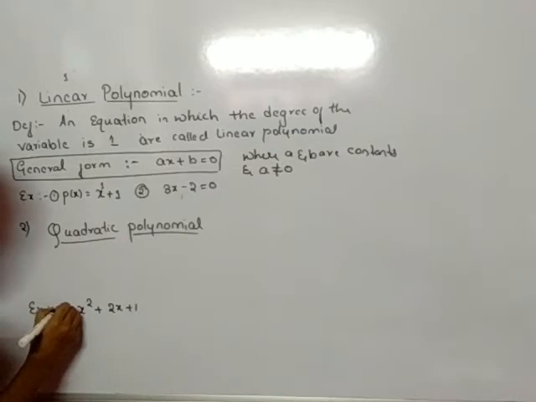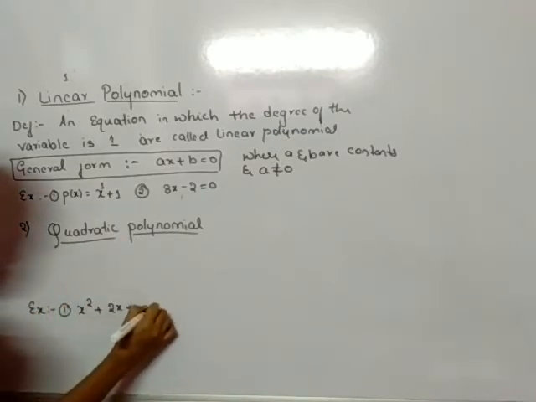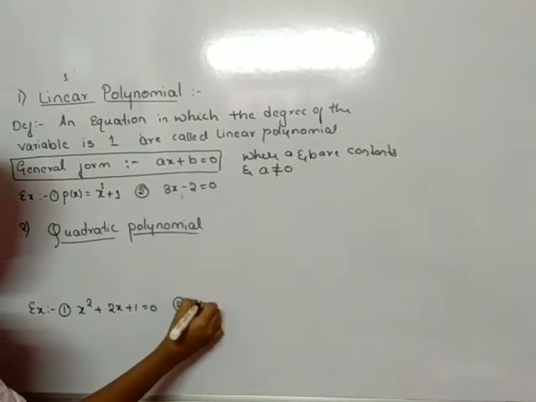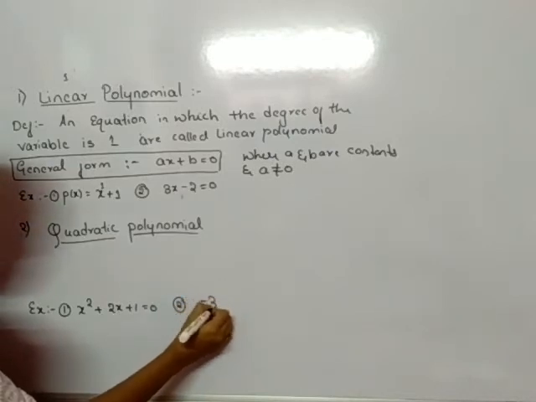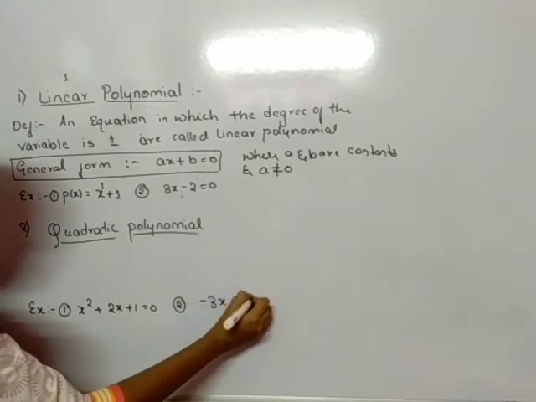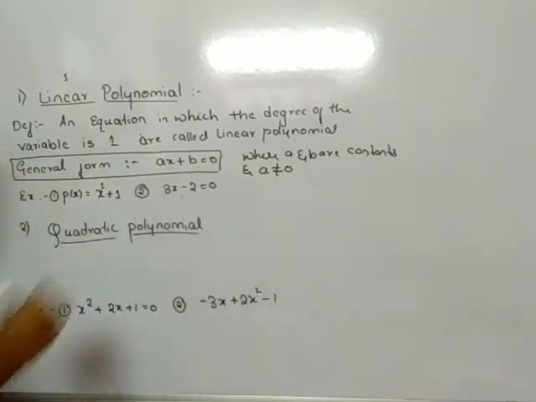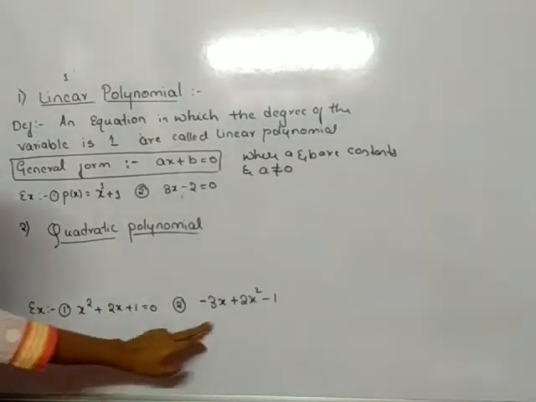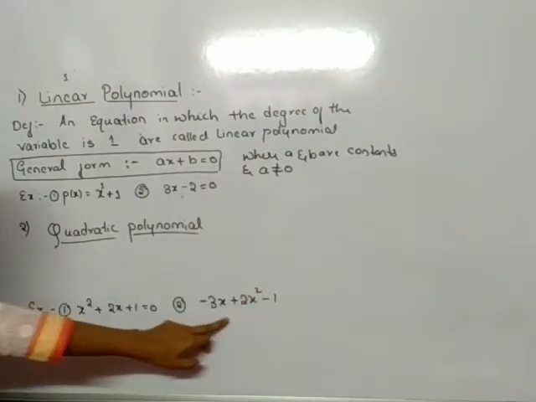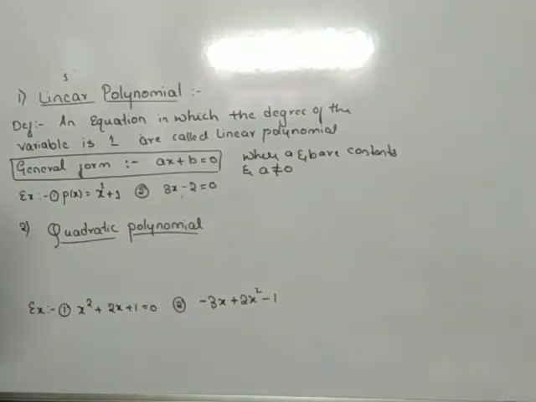This is the first example. Then the second example, that is minus 3x plus 2x squared minus 1. Here also you can see the degree of the variable is 2, isn't it? Even this is also a quadratic polynomial.